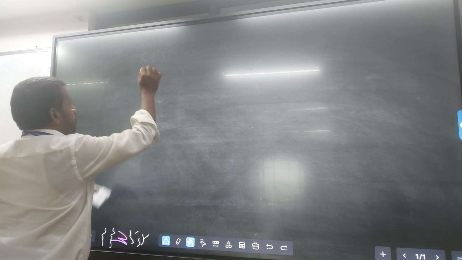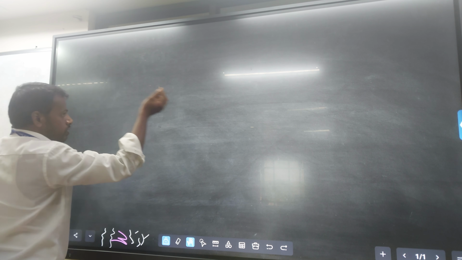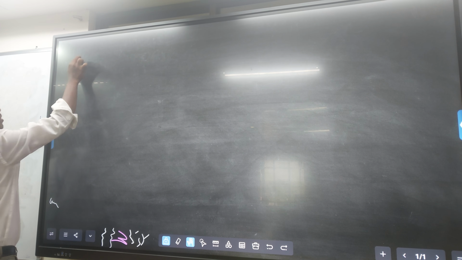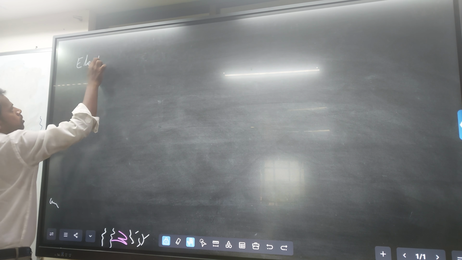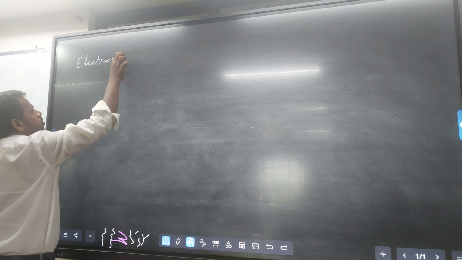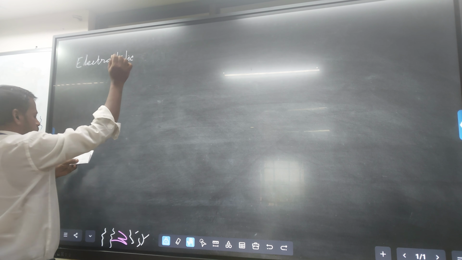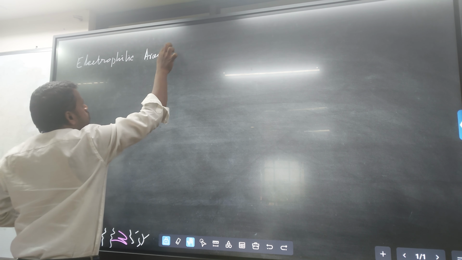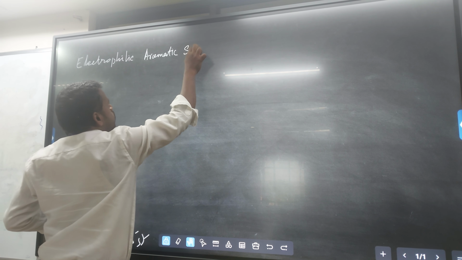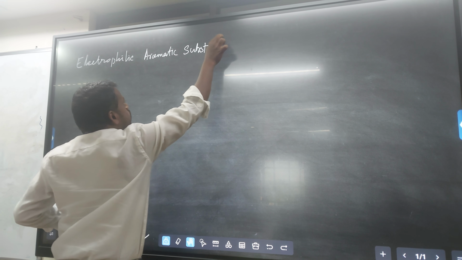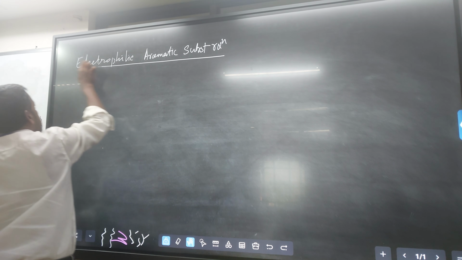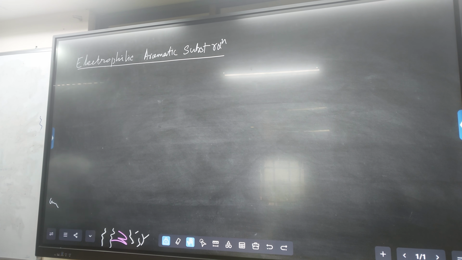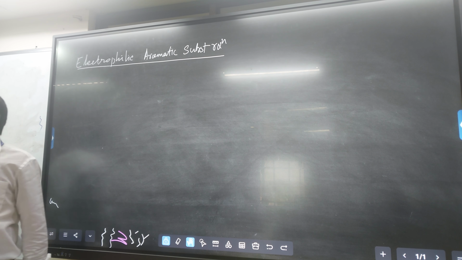Right, now we go for the electrophilic aromatic substitution reaction. This is a well-known example. Already you know about it.